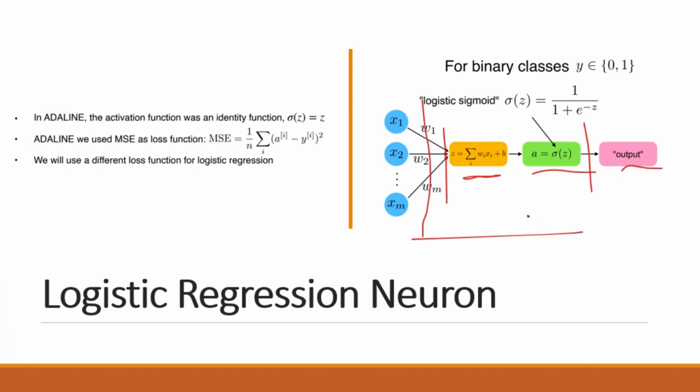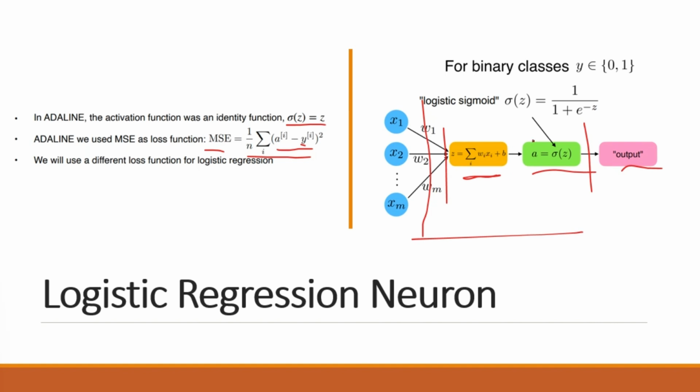We usually use the output from activation. So in Adaline, this activation function was an identity function, and in Adaline we use the mean squared error as a loss function. We computed it between the activation and the true class label. So here A is the activation, and then we had some true class labels y and computed the mean squared error. Now the only difference between Adaline and logistic regression is that we have a different activation function.